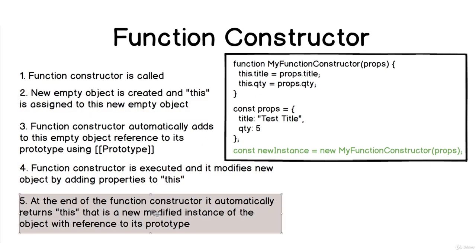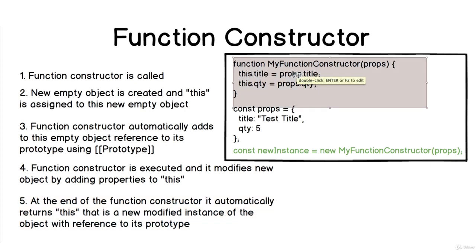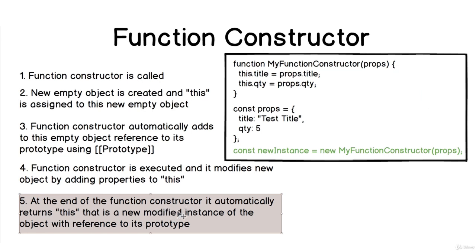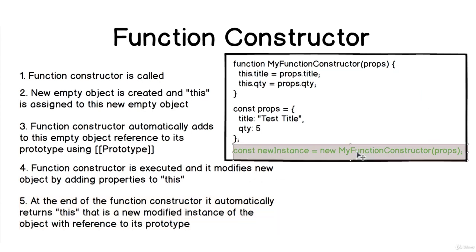And finally, this function constructor will return automatically this. And it doesn't matter whether this function has return statement or not. In this example, it doesn't have return statement. But anyway, this will be returned automatically if you create new instance of the prototype using new keyword.